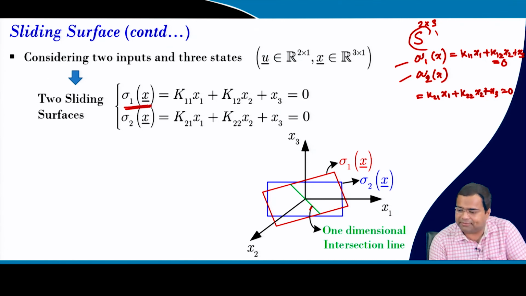So, when you write S as m cross n, you can think of the dimension of this hyperplane as n minus m.